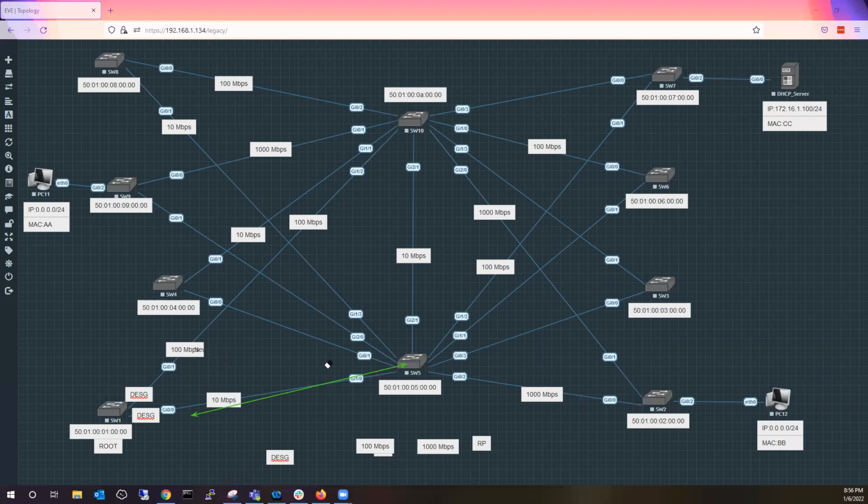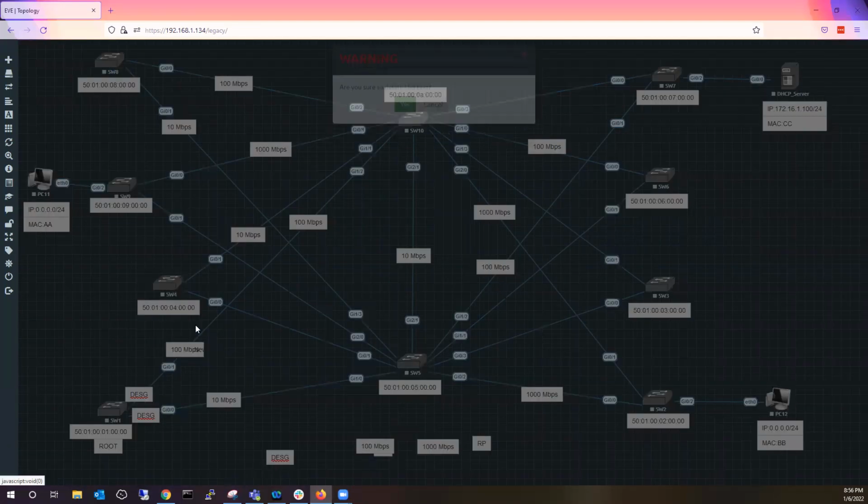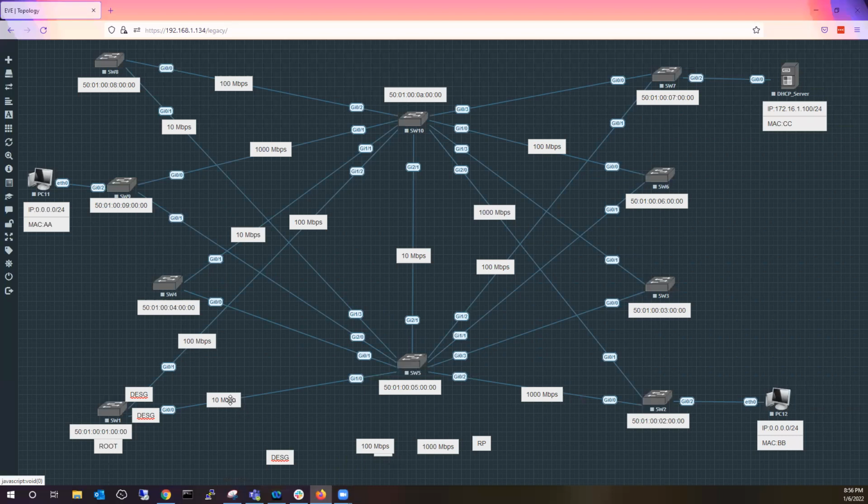So you would calculate the... yes. All right. So in order to get what port, what interface we would block between switch 10 and switch 5, you will also add the links from the designated ports to the root ports, which would be from switch 1 to switch 10, switch 1 to switch 5.